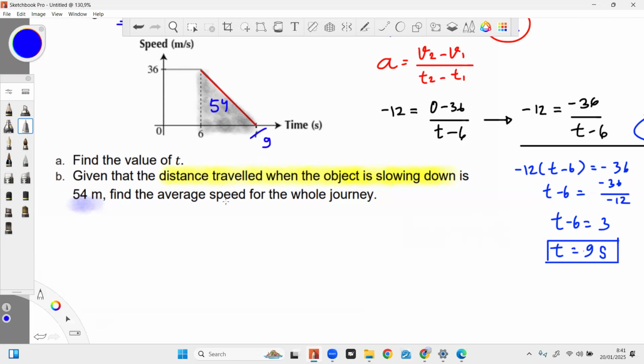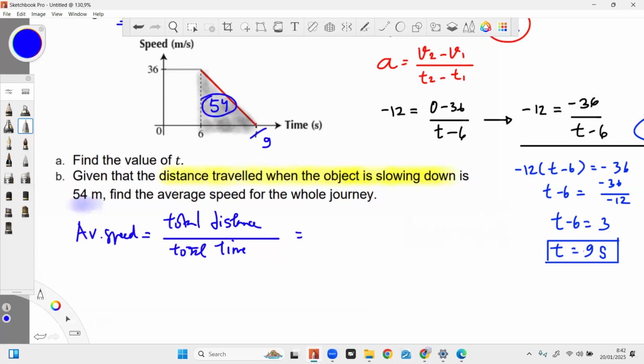Find the average speed of the whole journey. Okay, so we have to find the other distance because the average speed formula equals the total distance over total time. The total distance traveled is 54, but it's not nonsense if you think that this is 9.